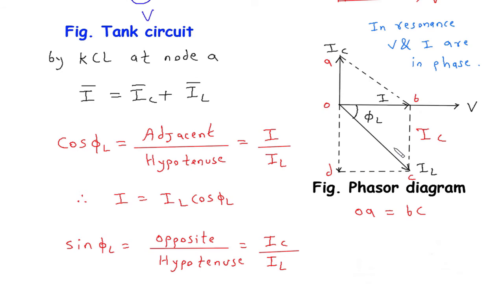Now according to the formulas of trigonometry, cos phi L is adjacent upon hypotenuse. The adjacent side here is I, and the hypotenuse is IL. So cos phi L is equal to I by IL. From this we can say I is equal to IL into cos phi L.